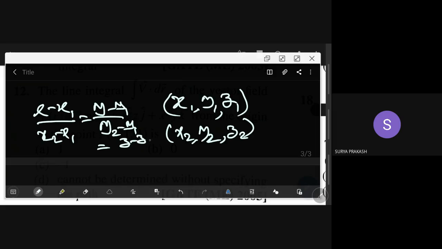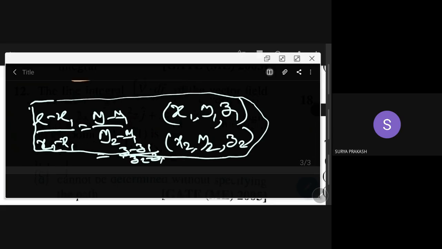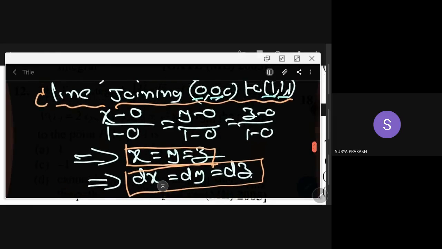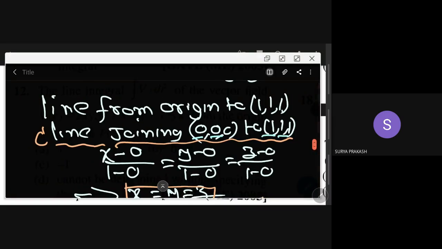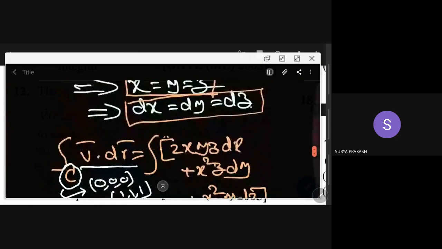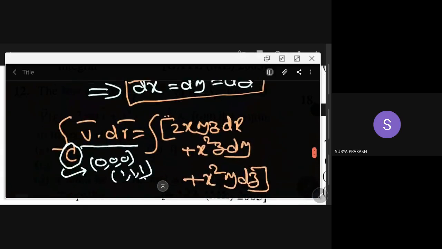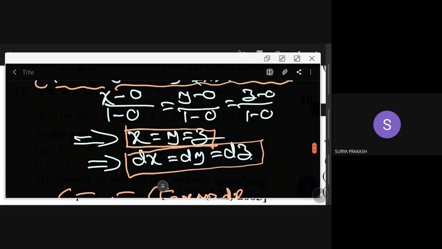This is a formula. Now if in this formula I put 0, 0, 0 in place of x1, y1, z1 and 1, 1, 1 in place of x2, y2, z2, then we get x is equal to y is equal to z as the equation of the line.